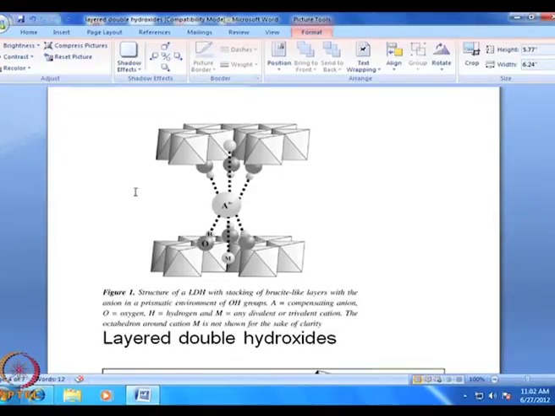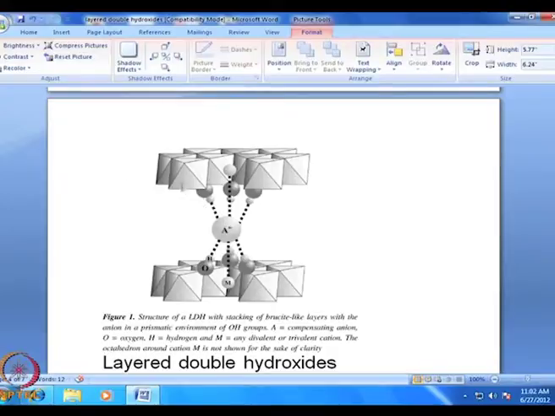What can happen if I take the brucite layer, the magnesium hydroxide layer, and then have a cation between two layers? What I now can engineer is something like the pillared clays.